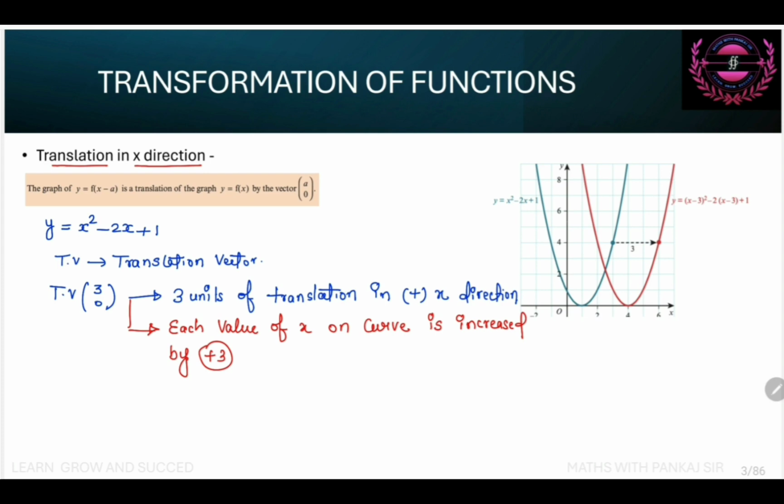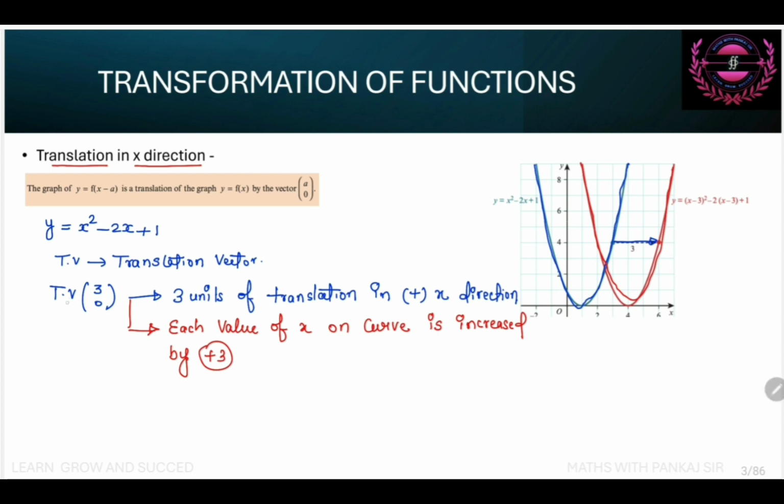So you can see the graph of y equals x square minus 2x plus 1 in blue color. And if I translate this graph in the positive x direction by 3 units, I will get the graph in red color. So whenever I have to translate a graph with a vector (a, 0), I will substitute x with x minus a.